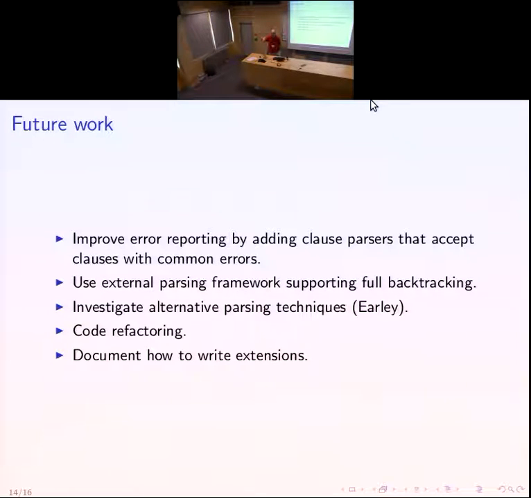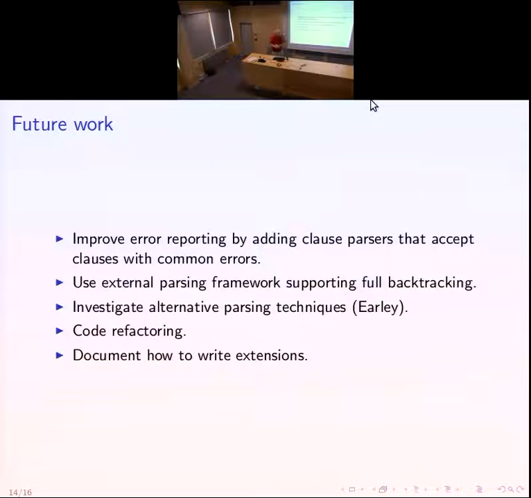Currently, clause parsers basically fail silently, and that's kind of intrinsic in the technique of combinator parsing, because a particular individual parser doesn't know whether another individual parser will succeed. So it cannot give an error message because it might not be an error.